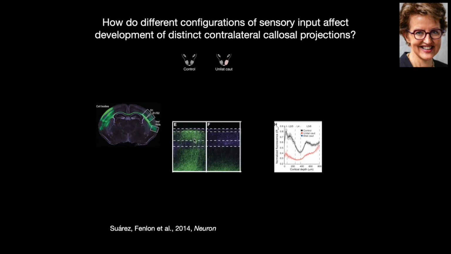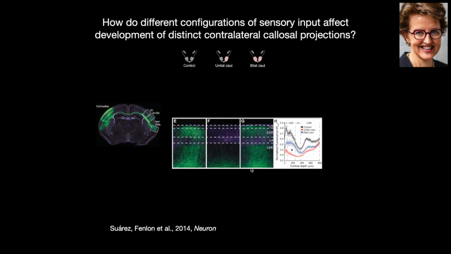Here you can see this across the cortical depth, and you can see what happens when you cauterize one side of the face. You get a severe dropout here. And interestingly, when you cauterize both sides of the face, you actually get a partial rescue of this phenotype. That really intrigued us.